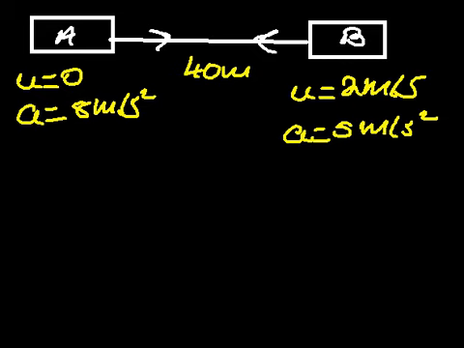Where will the two meet, after how long, and what are their respective final velocities at the point in which the two are going to meet? So now, what is the principle behind this?